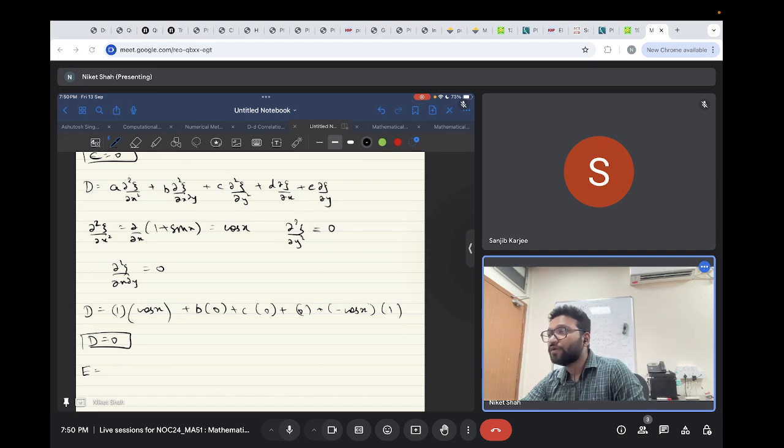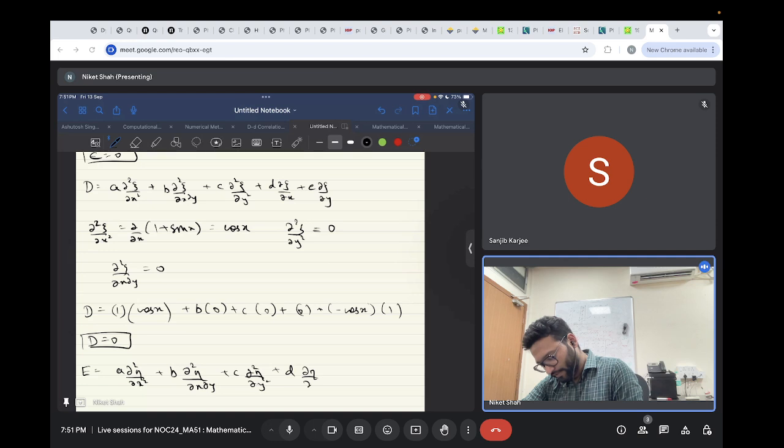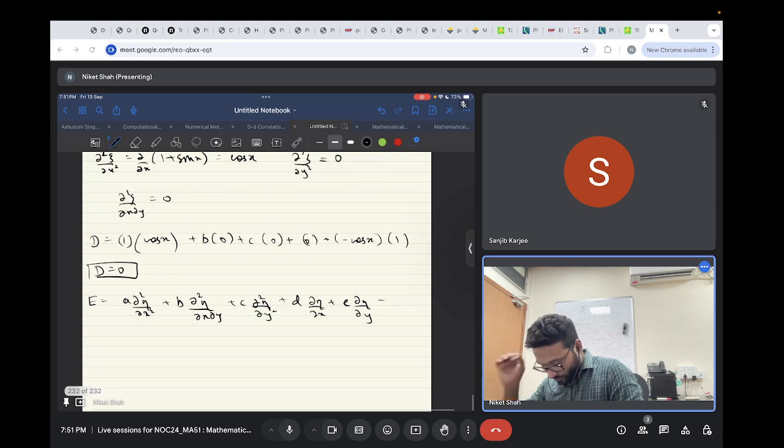Capital E. Now, capital E is A del square eta by del x square plus B del square eta by del x del y plus C del square eta by del y square plus D del eta by del x plus E del eta by del y. Same thing.